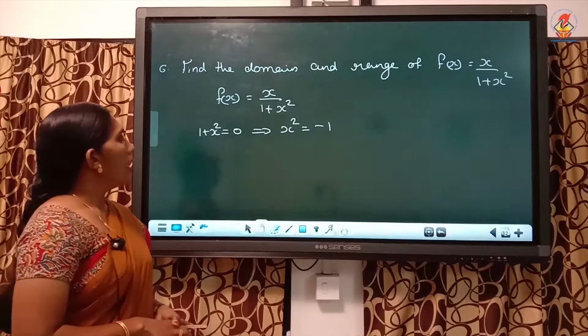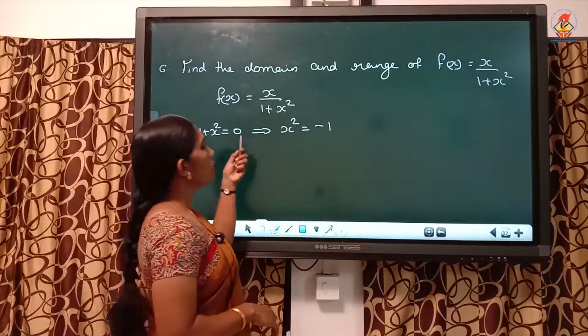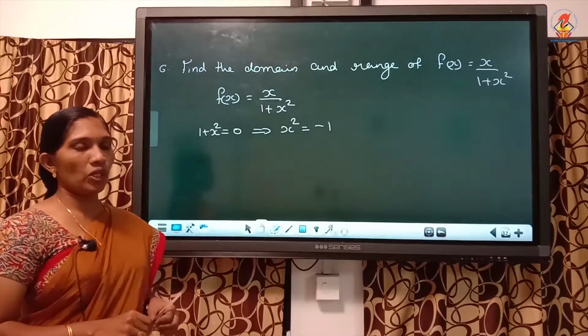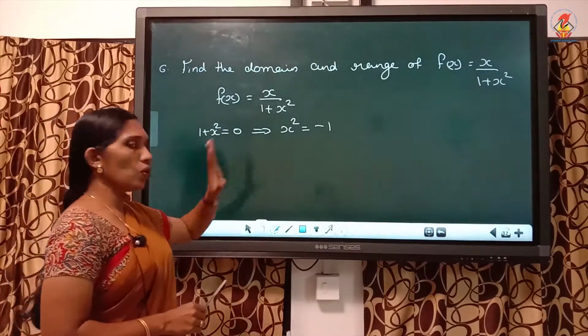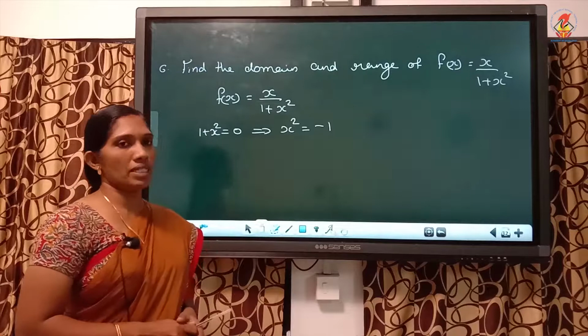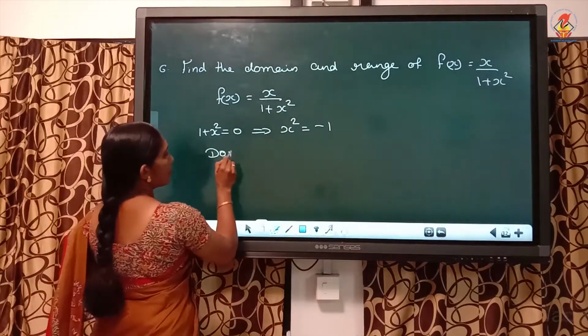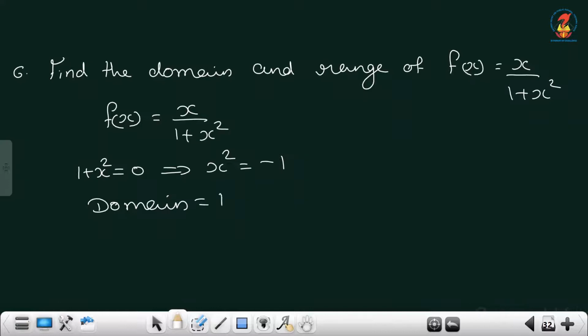So x square plus 1 equal to 0 is not possible for any real number. This is equal to 0 only for imaginary numbers. So we can write the domain: you can give any real number to this x. If you give an imaginary number, then only this denominator part is 0. So domain is equal to R.